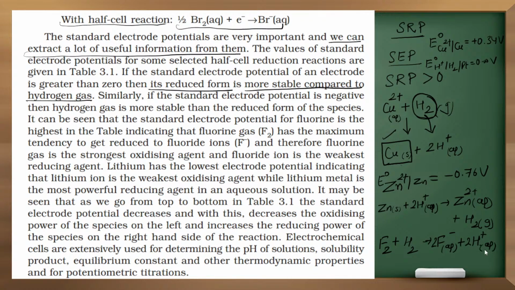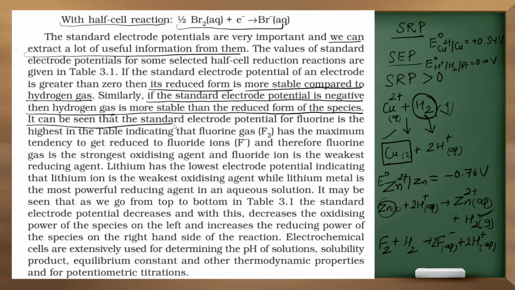Okay, so if standard electrode potential is negative, then hydrogen gas is more stable than the reduced form of the particular species. So first is the example of copper and second is the example of zinc.